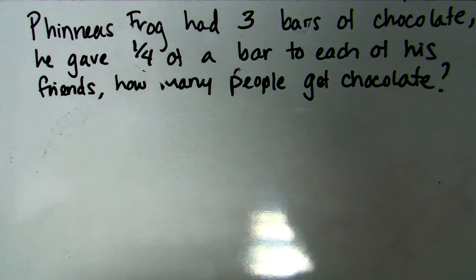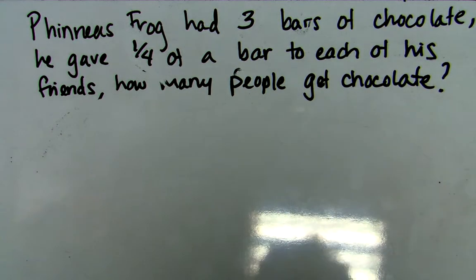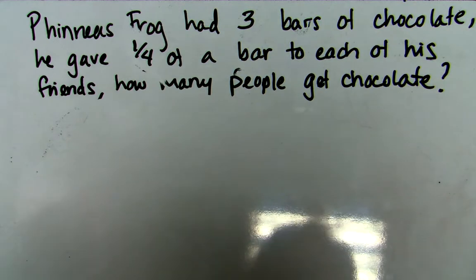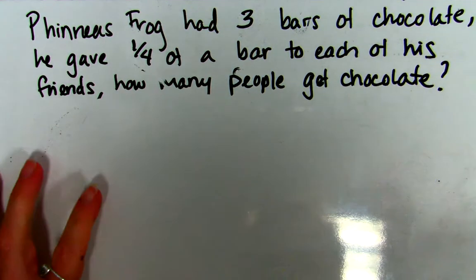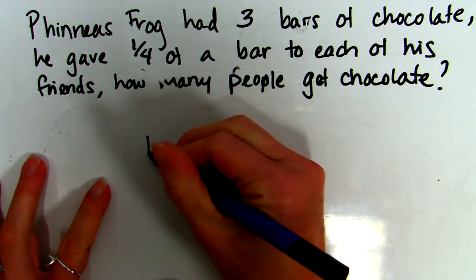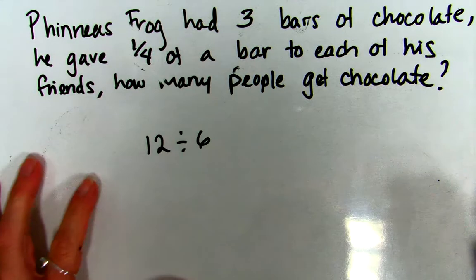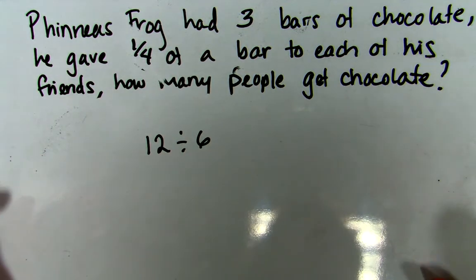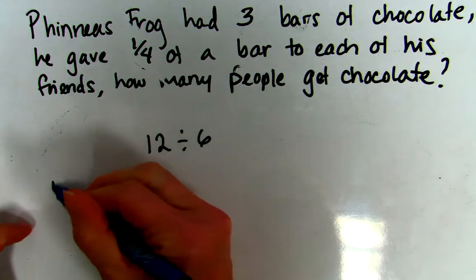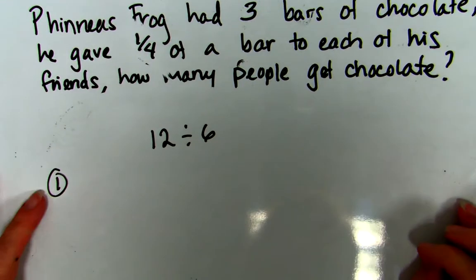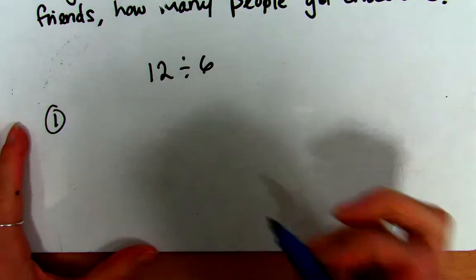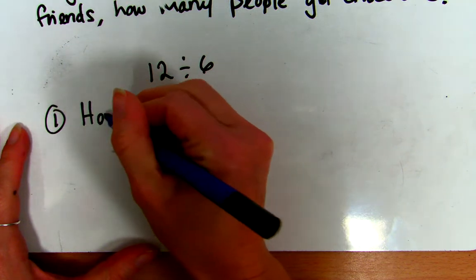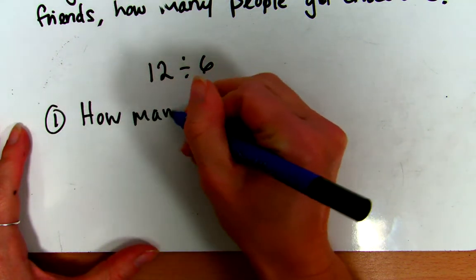Before we get to our problem of the day, I just want to do a brief reminder about what division actually means. I'm going to give you a really straightforward problem like 12 divided by 6. What does it actually mean for 12 to be divided by 6? We can think of it in primarily two different ways. The first way is how many groups of 6 fit into 12?